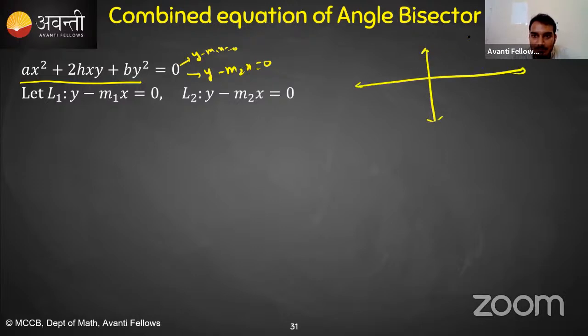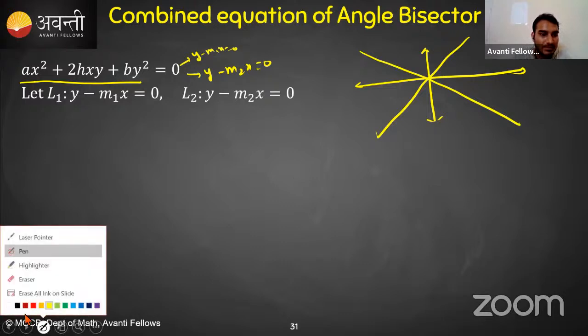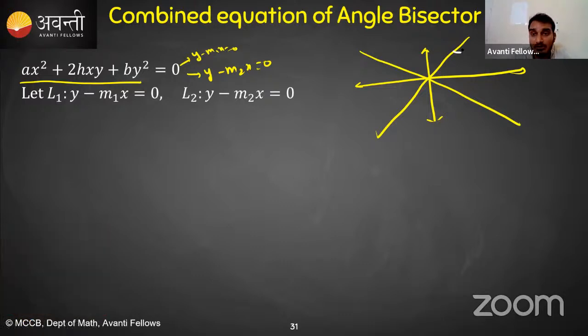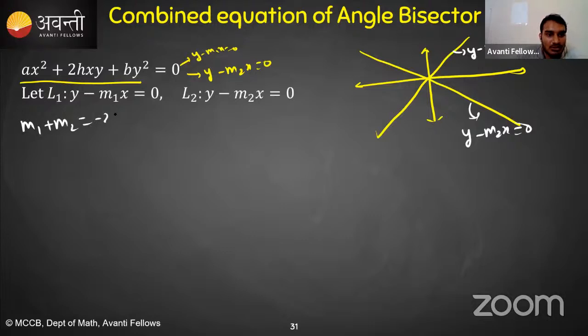It is a very important result. As soon as the homogeneous equation of degree 2 is given, quickly write down m1 plus m2, which is minus 2h upon b, and m1 m2, which is a by b.